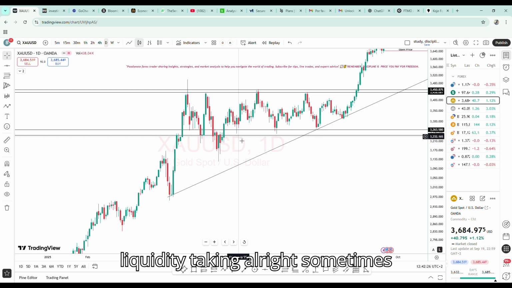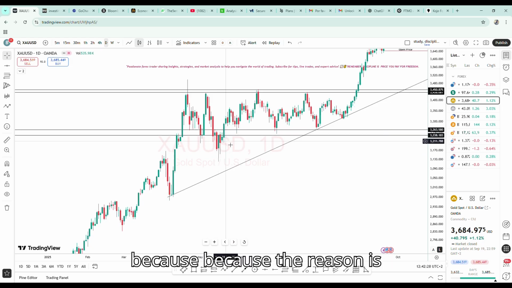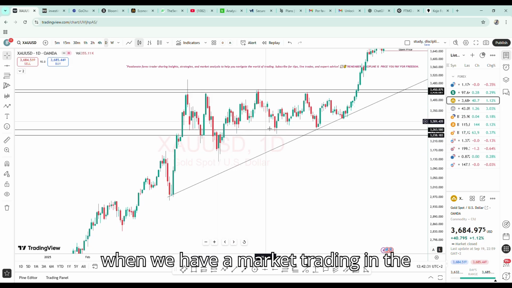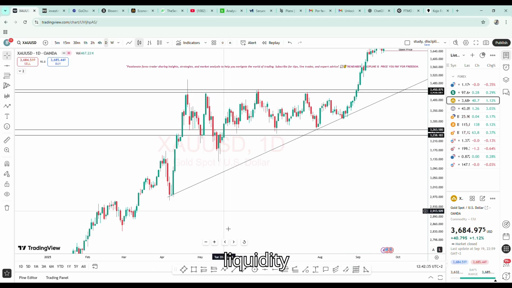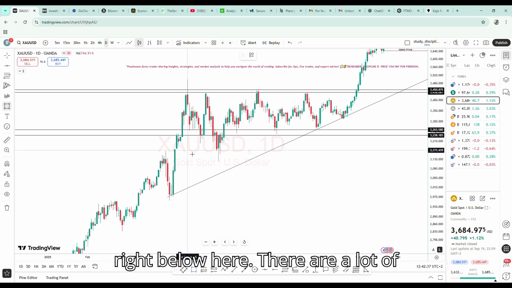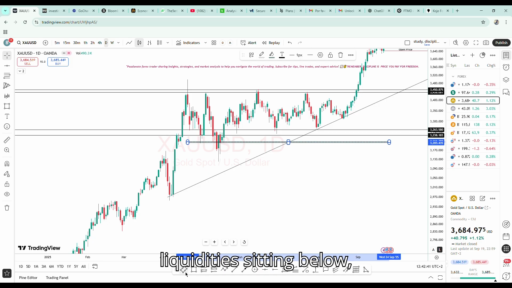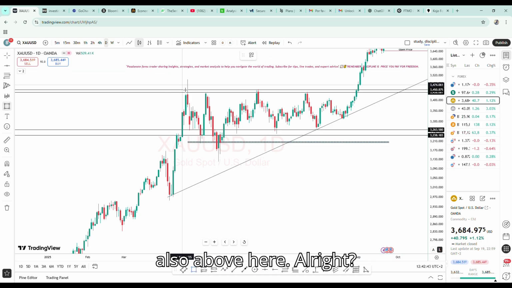All right. The reason is, when we have a market trading in a range like this, we usually have liquidity right below here. There is a lot of liquidity sitting below, and also above here.